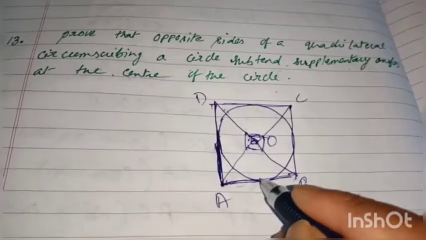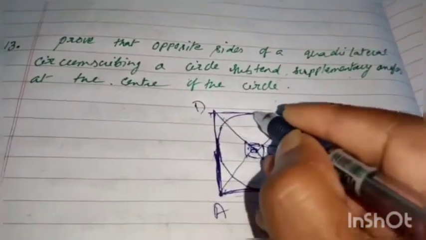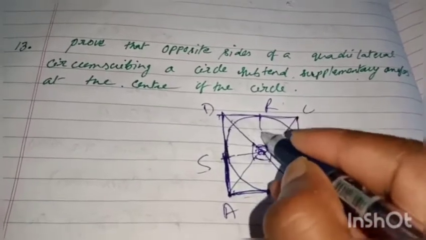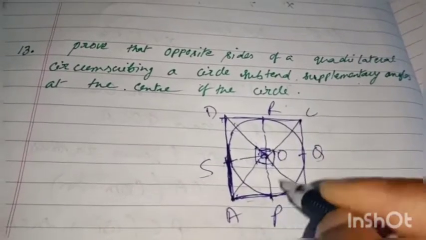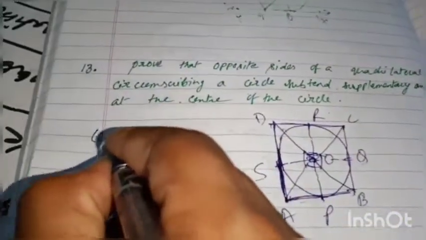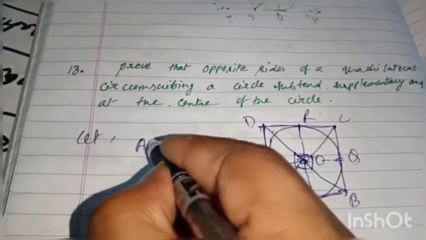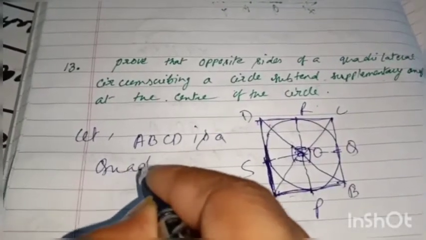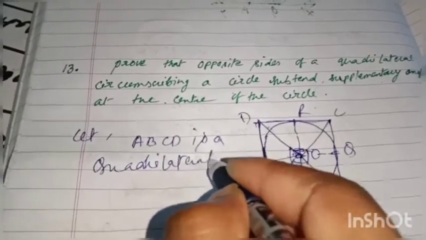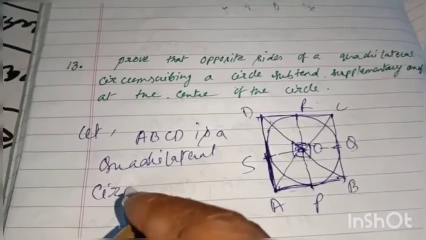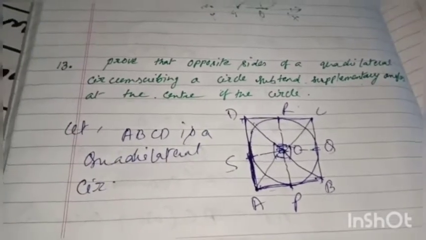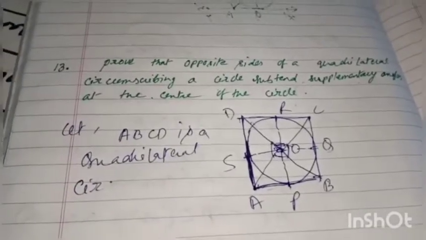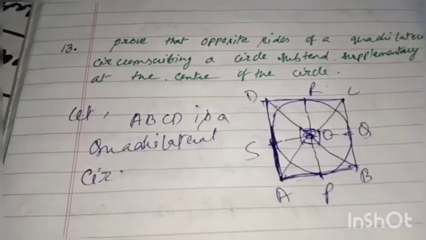So these are P, Q, R and S. Join. Let ABCD be a quadrilateral. In those questions where they have not given the figure, or sometimes have not given any symbols like A, B, C, D, that time you have to explain the figure first.